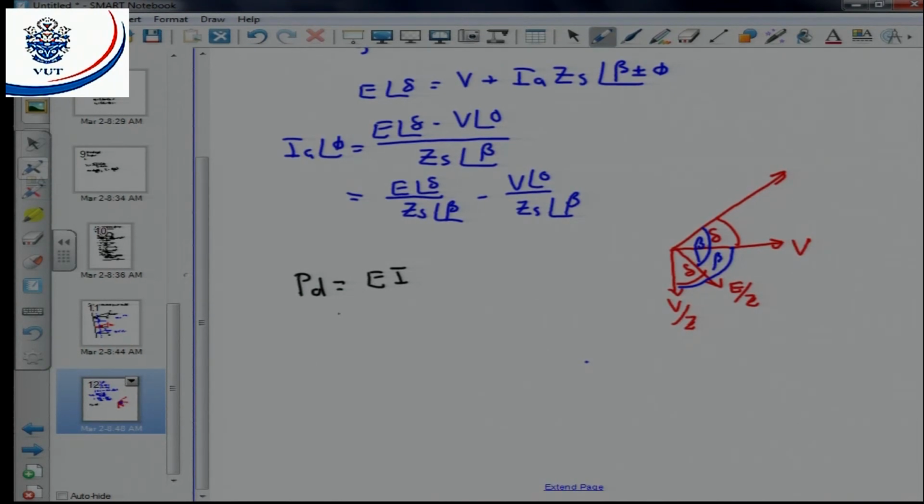That gives us a formula of E squared over Z cos beta minus EV over Z cos of beta plus delta.